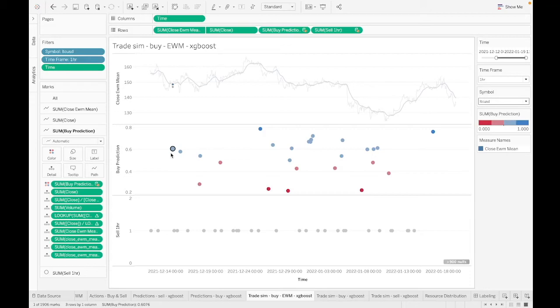This is just querying the Gemini Exchange API and taking that data, putting it through all of the pipelines to apply all of the features to where we can score this data using a model that we've built previously. And this model is saying this is a point, if the model had been running during this time window, we would have recommended purchasing here.